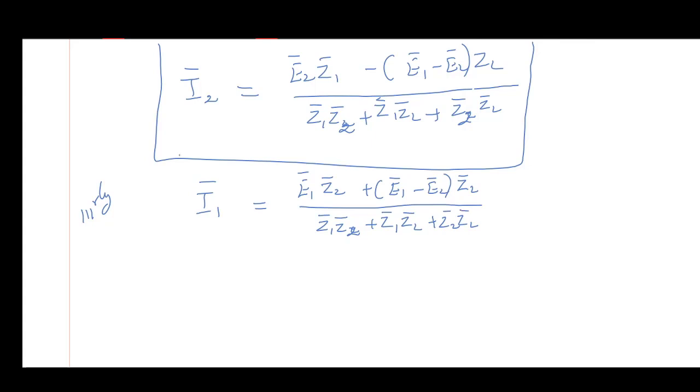So this will be the corresponding current flowing through the transformer when the two transformers are connected in parallel and the voltage ratio will be different.